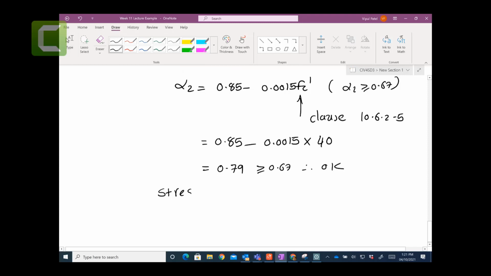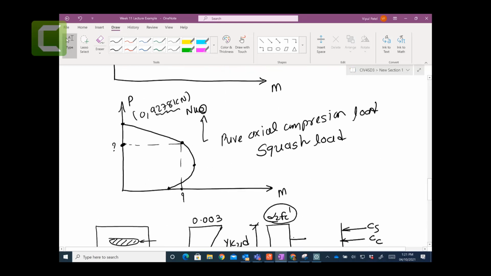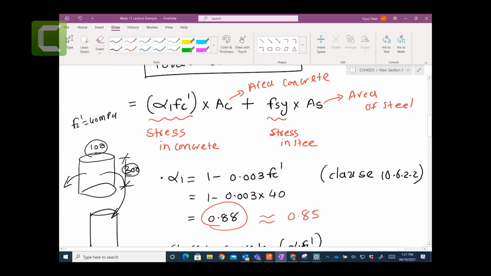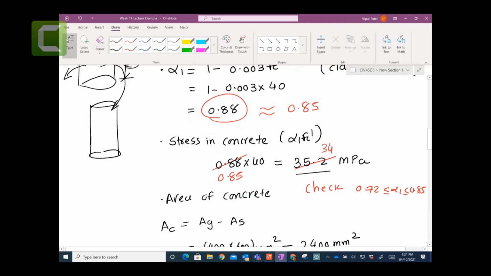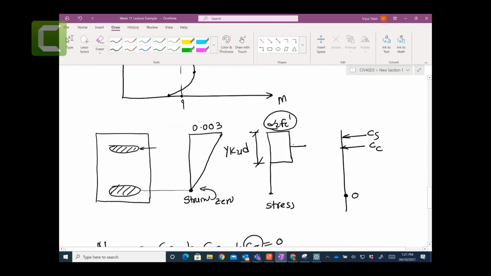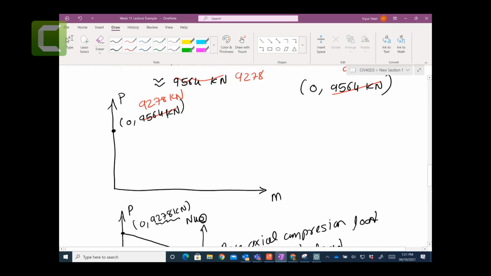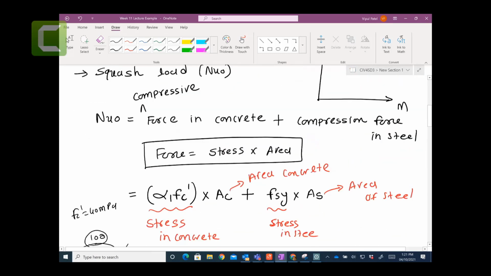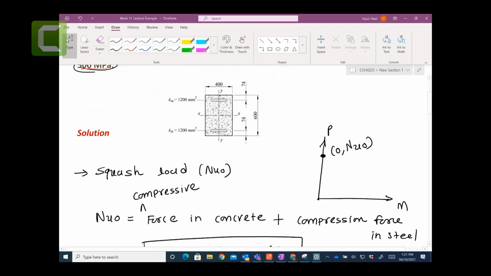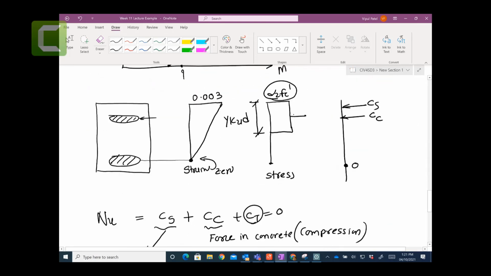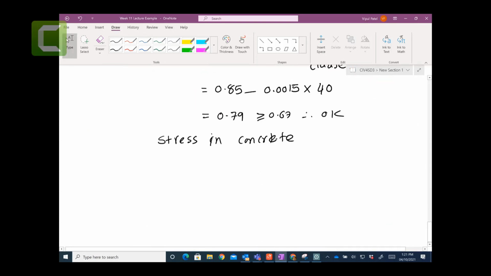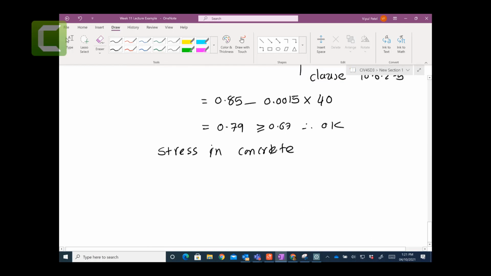So the stress in the concrete is the same as before, right? Remember that in the squash load we calculated the stress with alpha 1, but here we have bending, an eccentric loading. For this second point that we are talking about, we have an eccentric loading, so it's no more like axial load.